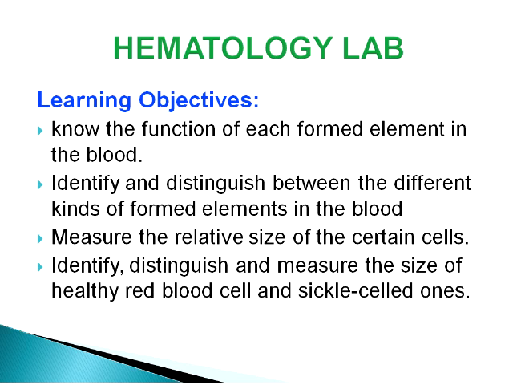So the learning objectives that I have developed for this one: by the end of the lab procedure, the student should be able to know the function of each one of those formed elements in the blood. The student needs to identify and distinguish between the different kinds of formed elements, and to be able to measure the relative size of certain cells.